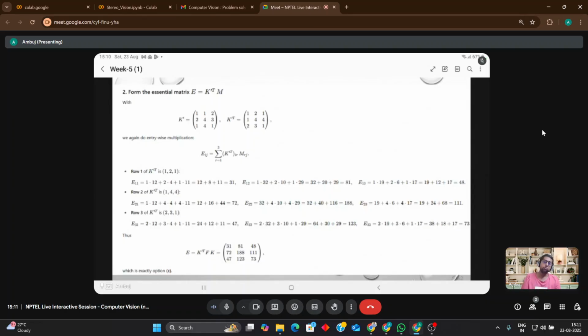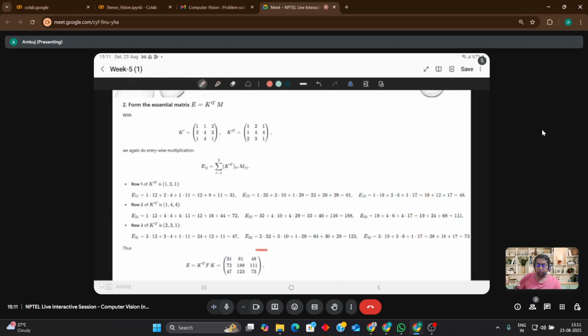Again you do the matrix multiplication, K dash transpose multiplied by M, multiplying the rows with the columns. Then you will see the final output as the essential matrix E. Each and every element here I have calculated for you.